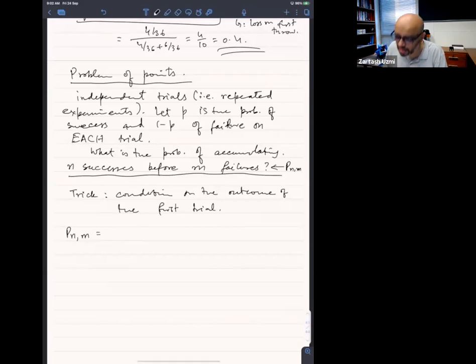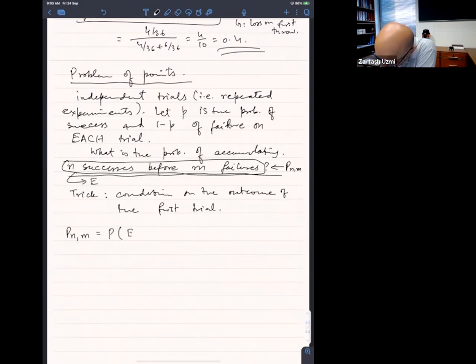Okay, इसको अगर मैं event E कह देता हूं, let me call this event E. This is equal to probability of E given success on first trial into the probability of success on first trial plus the probability of E given failure on first trial into the probability of failure on first trial.